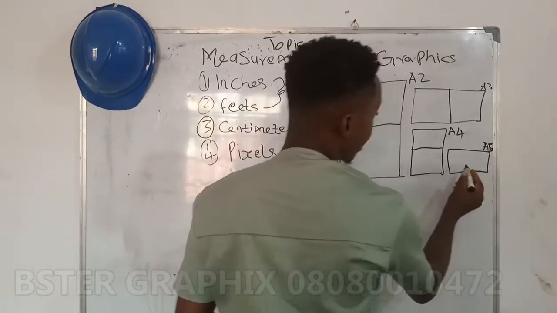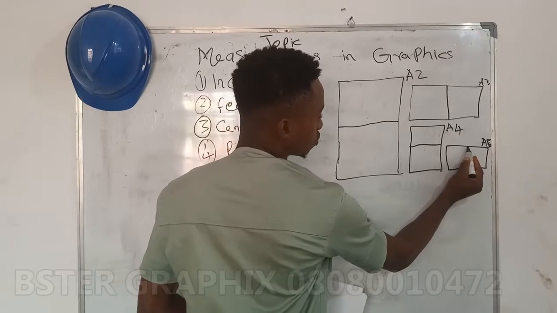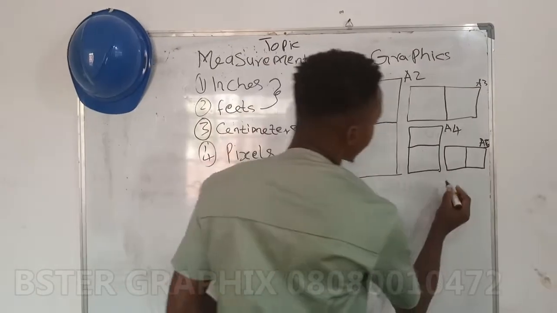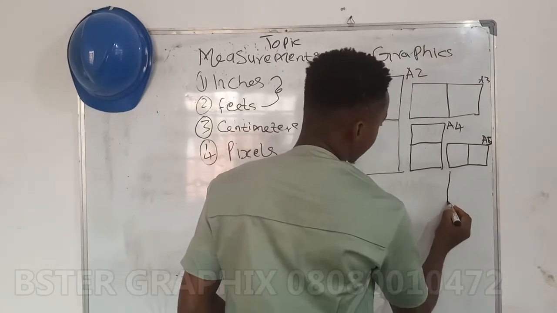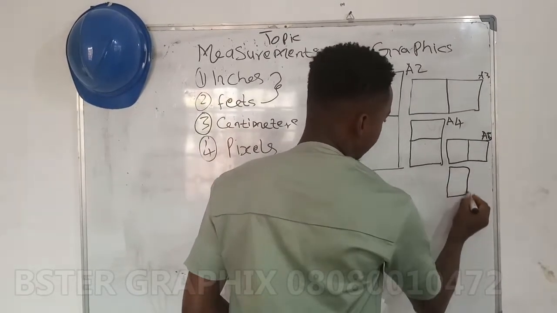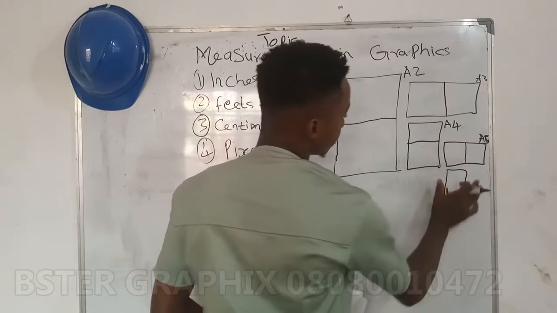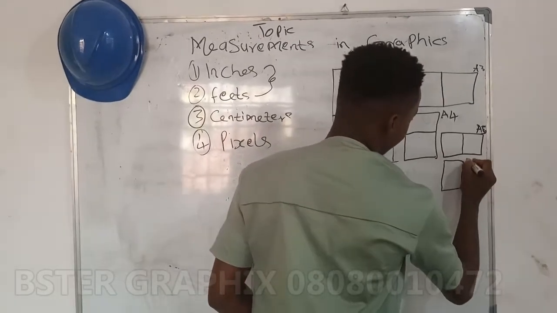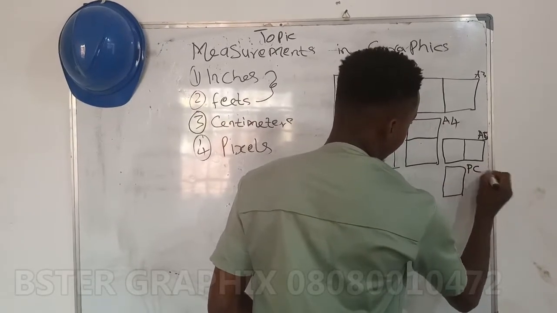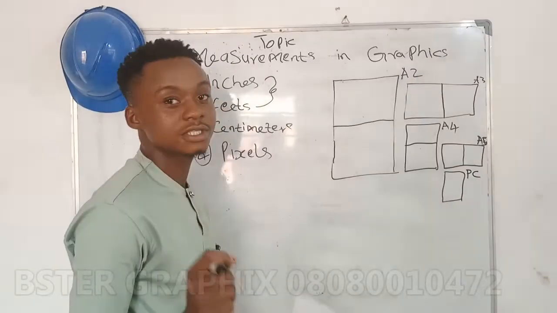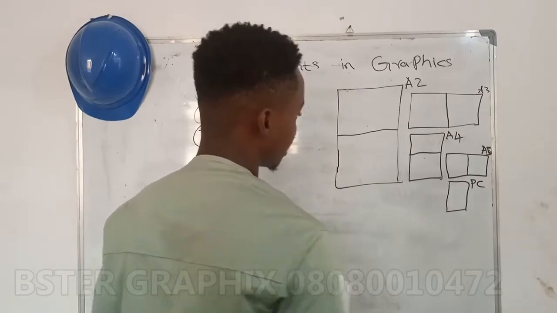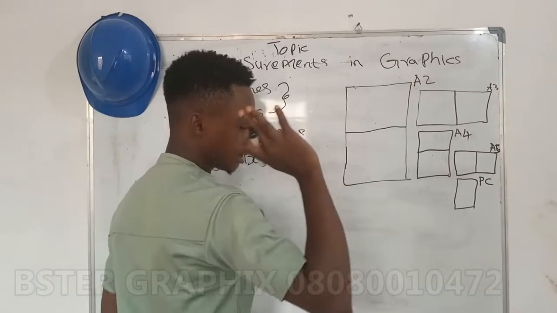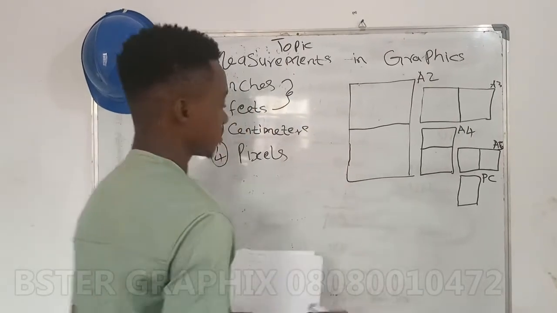Then in a situation whereby you divide A5 into 2, are you getting me? Then you will get another smaller size like this. The size you got from this A5 is called PC, which is postcard. You understand? So these are the main papers we have in graphic design and printing.